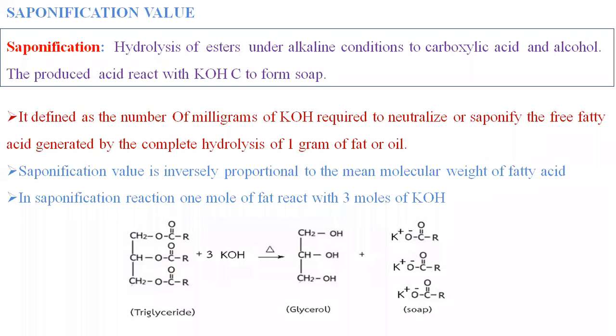If you take 1 gram of fat or oil and add KOH, a complete hydrolysis of the fat will be done, and it will produce the free fatty acid. So how much free fatty acid is generated upon complete hydrolysis of a specified amount of fat or oil is called the saponification value.